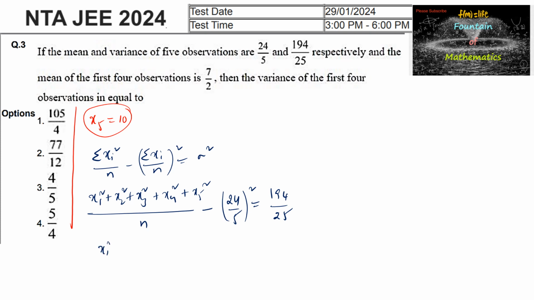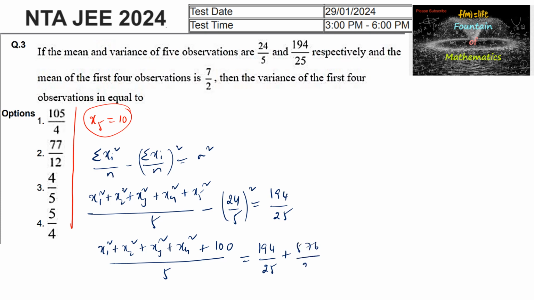So we can write x1 square plus x2 square plus x3 square plus x4 square and x5 square, which is 10 square is 100, upon 5, is equal to 194 upon 25 plus 24 square is 576 upon 25, that is 600 and 170, 770 divided by 25.